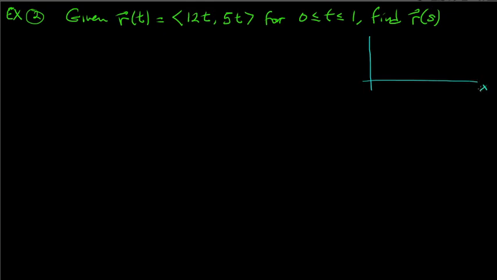So here's x, here's y. When t is 0, you're starting at 0, 0. And then when t is 1, you're at x equal to 12, y equal to 5. So this is your endpoint. And in between, this is just a straight line segment, starting at 0, 0, and ending at the point 12, 5.